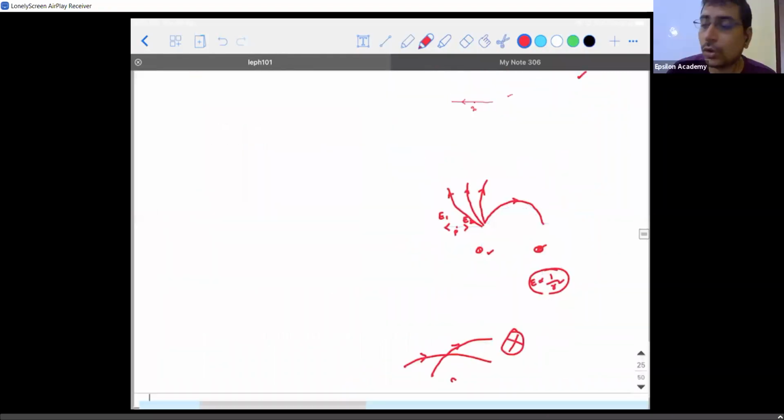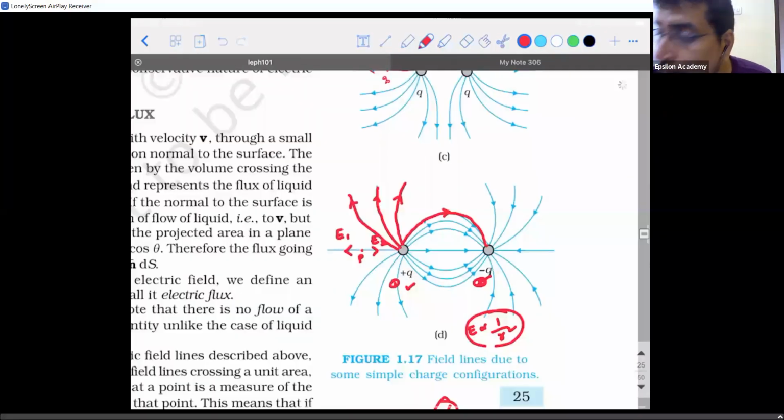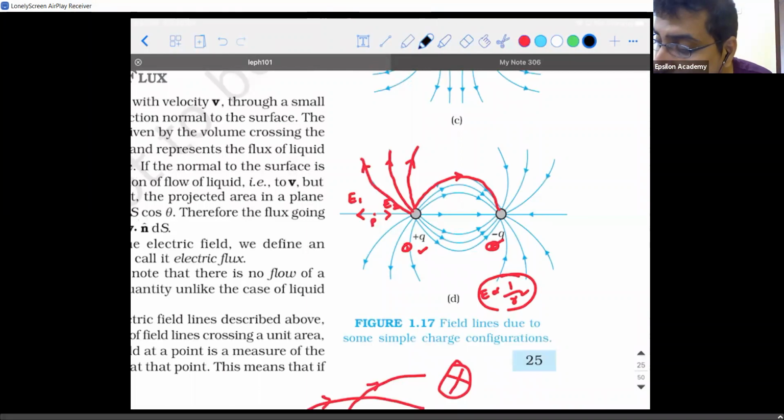Yes. So one thing we need to understand is, what do these electric field lines actually represent? They represent the direction in which a unit positive test charge would start experiencing force. Suppose I take this electric field line. On this electric field line, if I place a point charge Q0 here, then what do I mean?